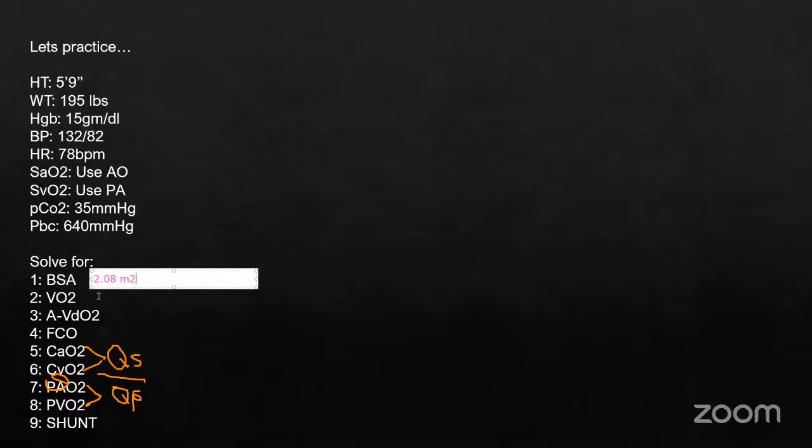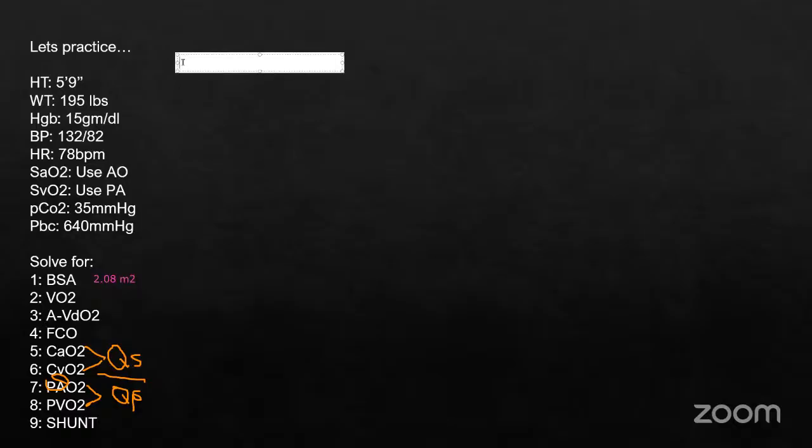Okay. So let's resolve for VO2. What is the formula for VO2? It's going to be BSA times 125, because that's the constant, right? So if I substitute these values, and I like to work like this because if I miss, I can go back and locate where I missed instead of never finding it. So BSA is 2.08 times 125, which I believe is like 260.